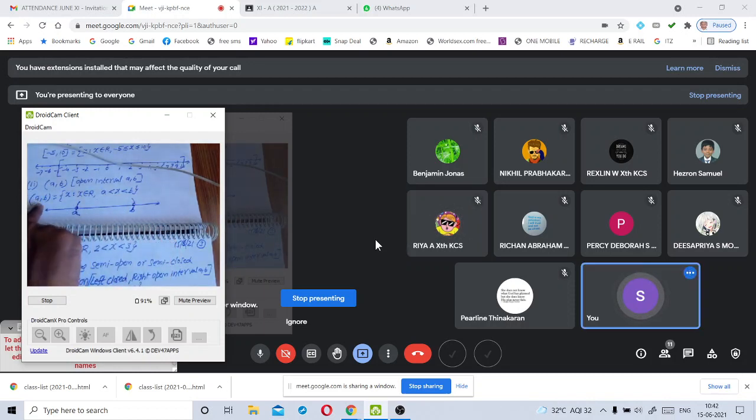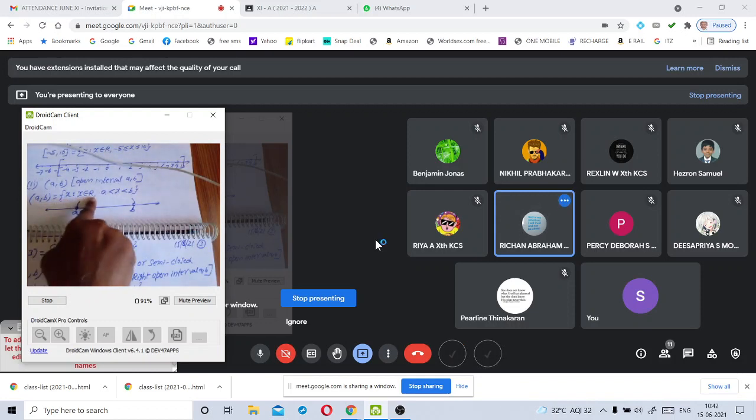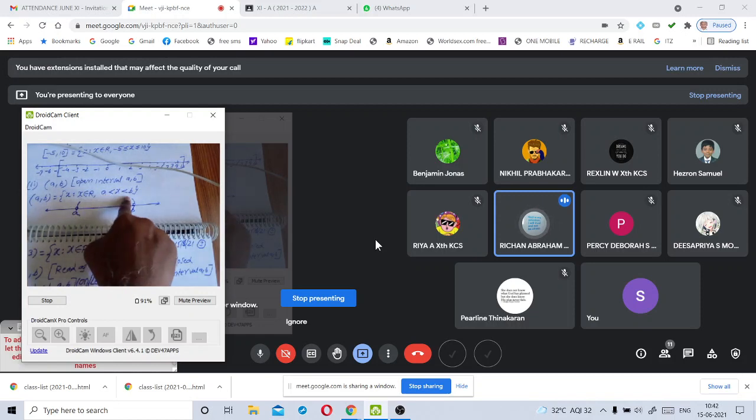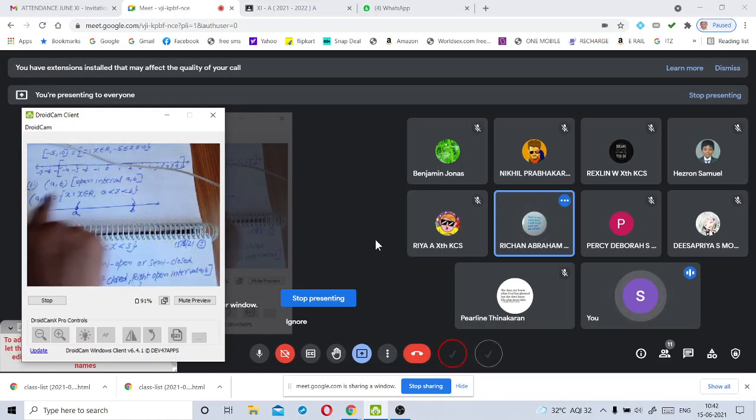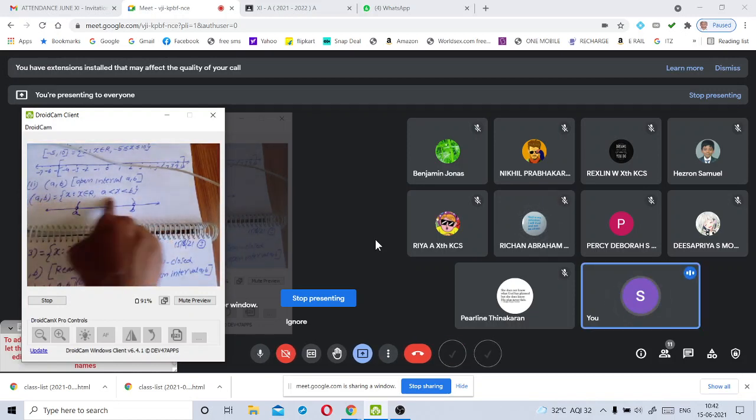My dear Richard, read this line. Open interval a comma b is equal to set of all x such that x belongs to R, a less than x less than b. Very good, my dear Richard. My dear Percy, read this line.